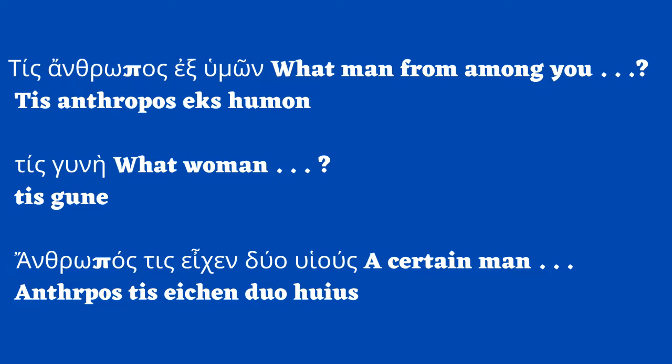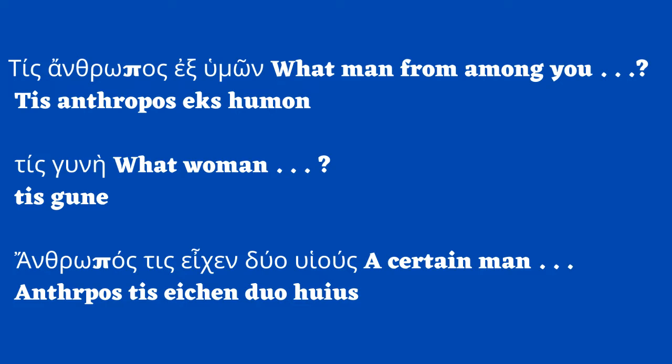He follows that up with the parable of the lost coin that starts, tis gune, what woman having 10 coins, etc. Now let's get down to the third line, the third phrase, and see how he starts the third parable. Anthropos tis eken duo huios, a certain man having two sons.